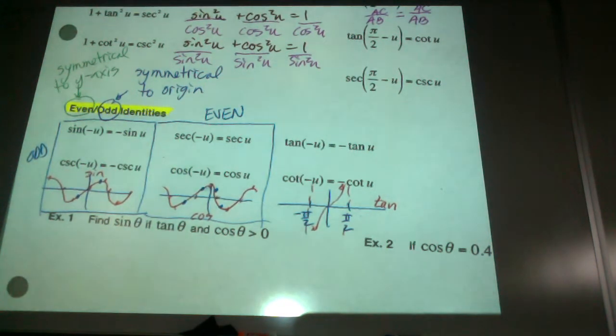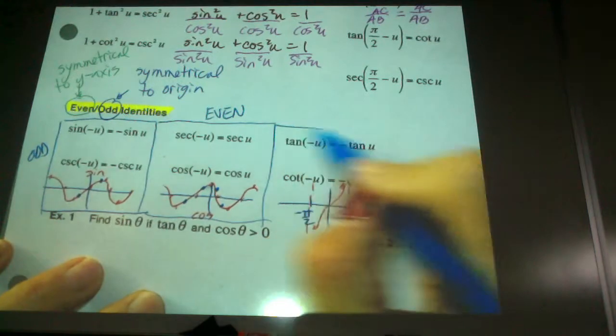And so all it means is there's no difference between the cosine value of a positive and a negative angle. So the cosine of negative 30 degrees is exactly the same as the cosine of positive 30 degrees.